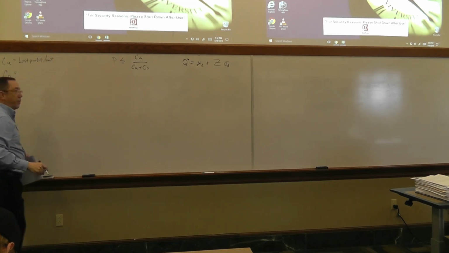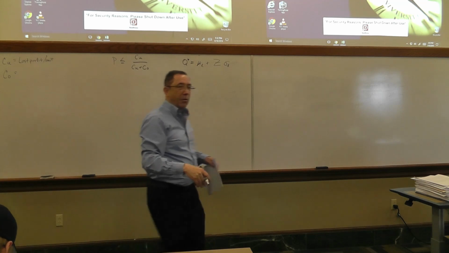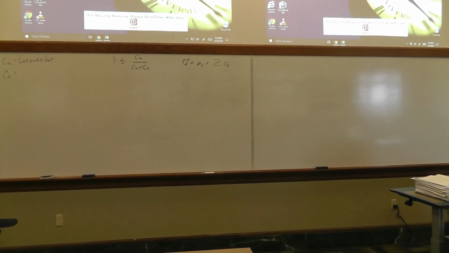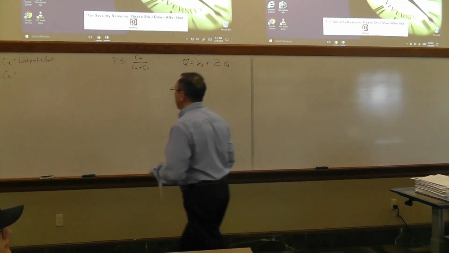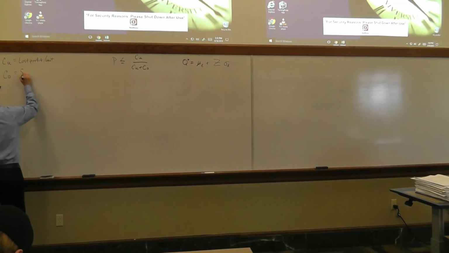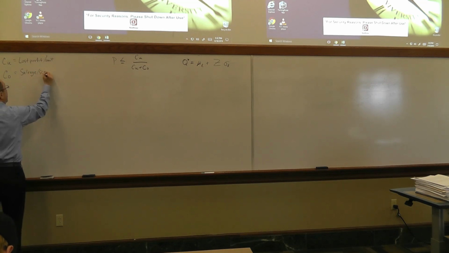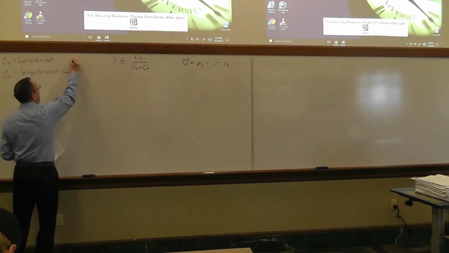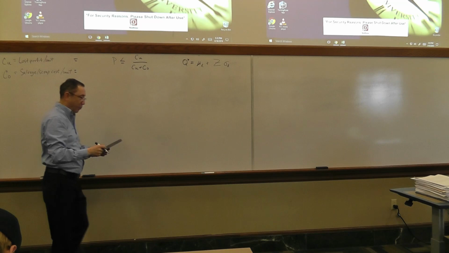CO, the cost of over ordering, is the cost when you've got one unit too much and you've got to throw it away, or maybe you can scrap it and get some salvage value, but you still lose. So this is your salvage or scrap cost. Again, per unit.